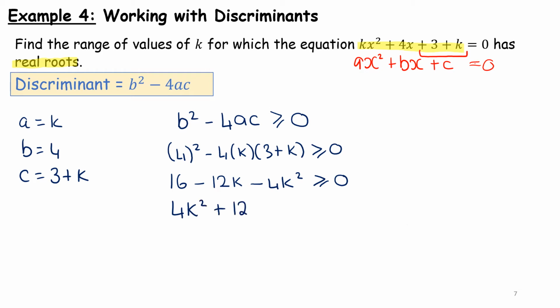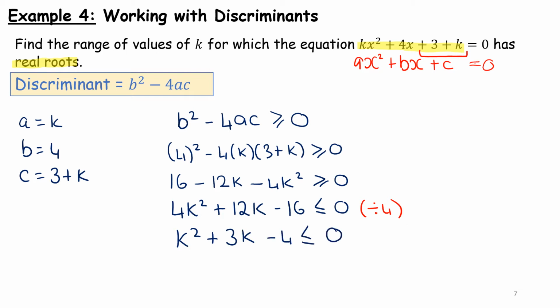So it's 4k squared plus 12k minus 16 is less than or equal to 0. It's also got a common factor of 4, so I'm going to divide across by 4. This simplifies it. You'll still get the same answer if you don't, but it'll be a little bit harder to work with. Think about having to factorize the previous line compared to factorizing the last line.